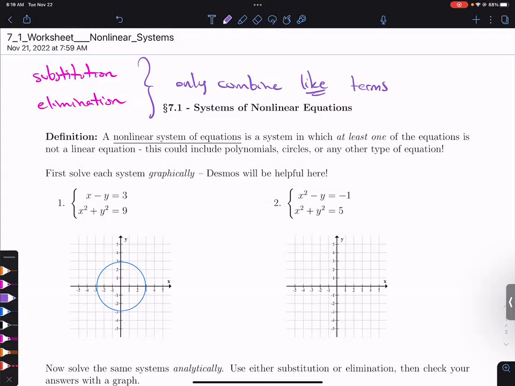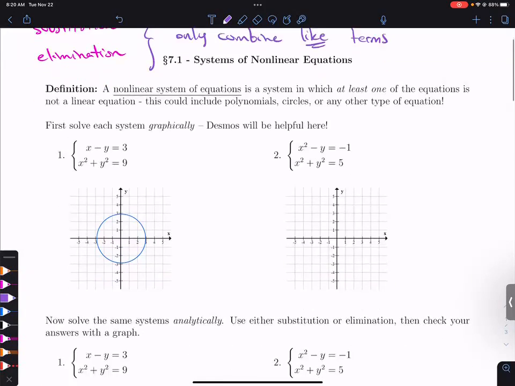I don't necessarily have to solve for x to do a substitution. I can solve for x squared and use that to substitute in the other one because the other one has an x squared, right? You just have to be substituting a thing for the same thing in the other equation. The idea is still the same. You want to use one equation to find a thing and plug it into the other one. Again, you just have to be replacing a thing with the same thing.